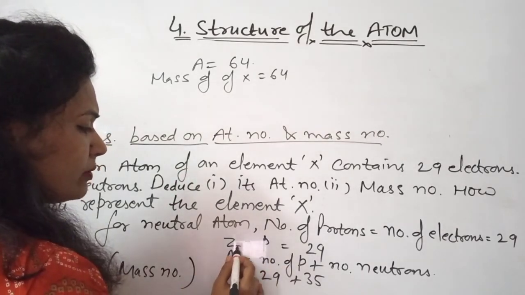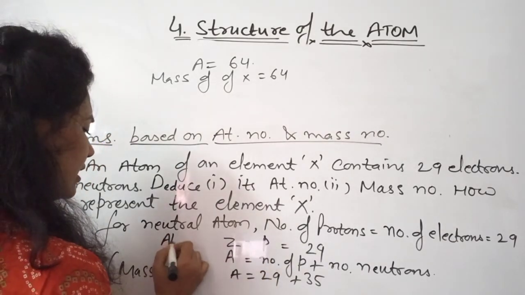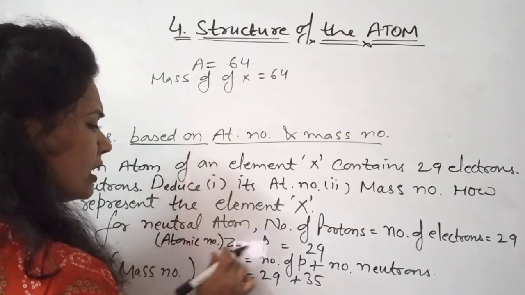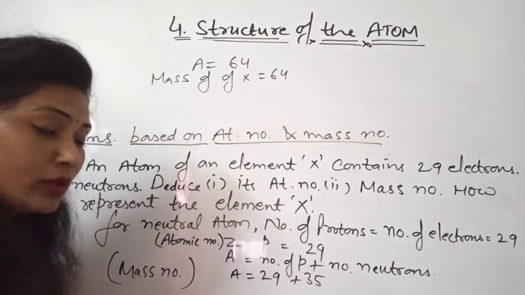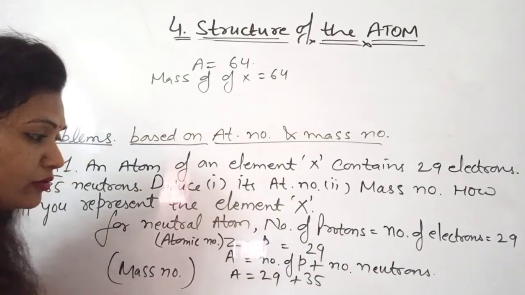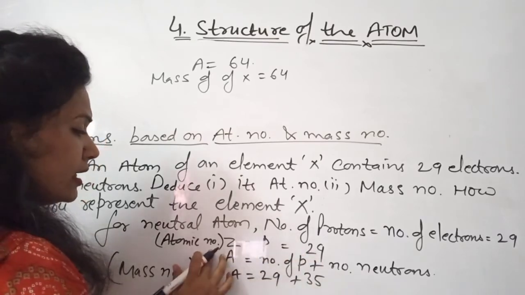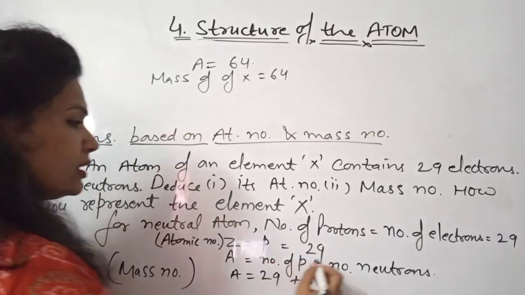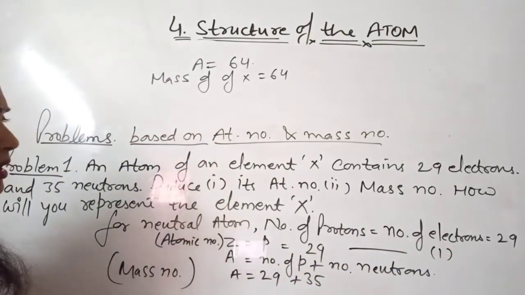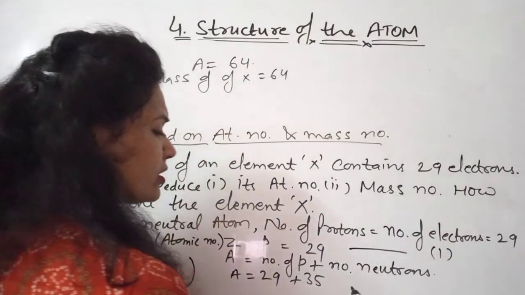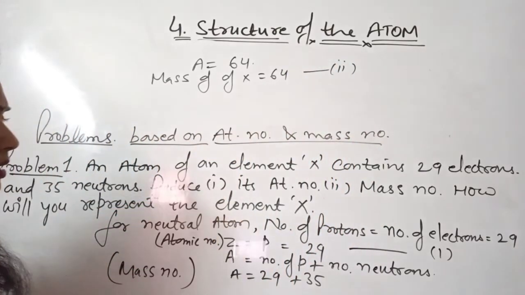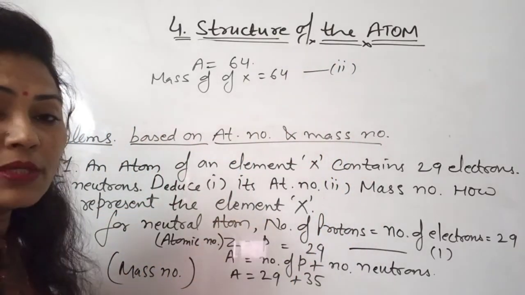Atomic number is equal to the number of protons, and in a neutral atom the number of protons is equal to the number of electrons. So 29 is the atomic number. This is the first question: find the atomic number. Second: find the mass number. And next we can represent the element.